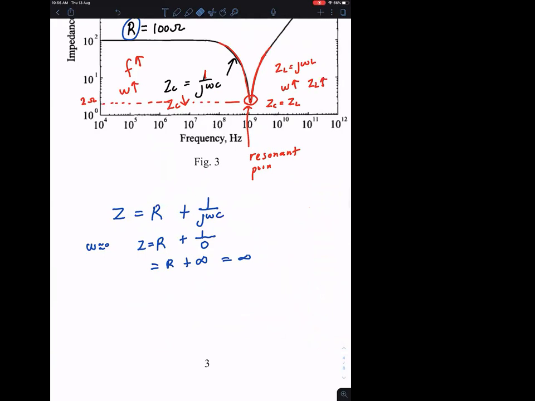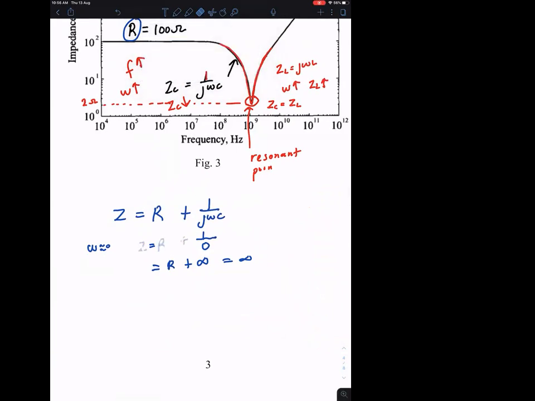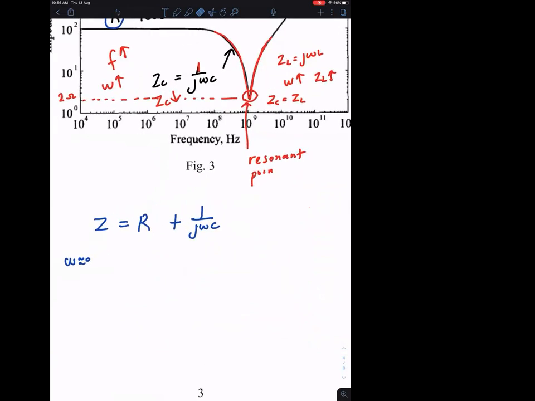So what should we do? Then how about you try this? Plus 1 over j omega C doesn't work. How about we put R parallel with capacitance? Now we are looking at a parallel circuit.